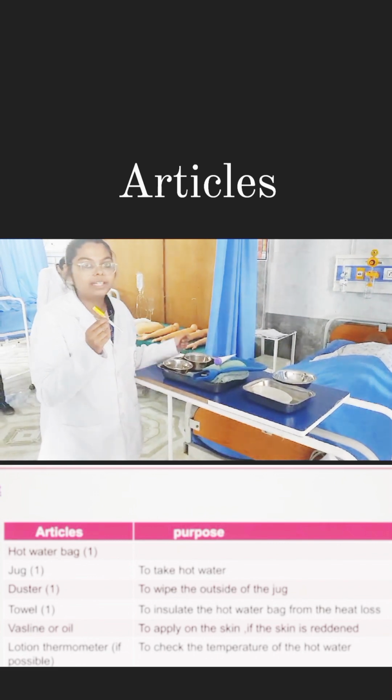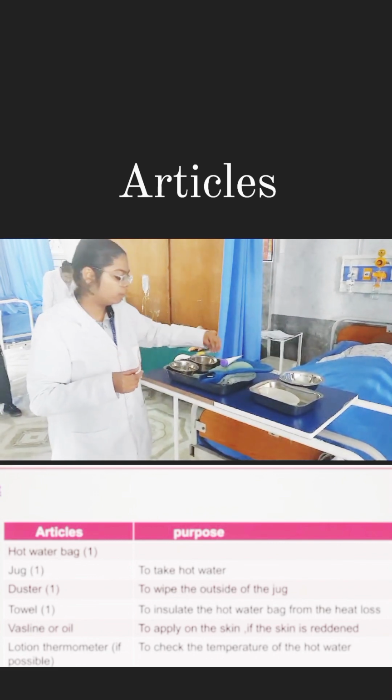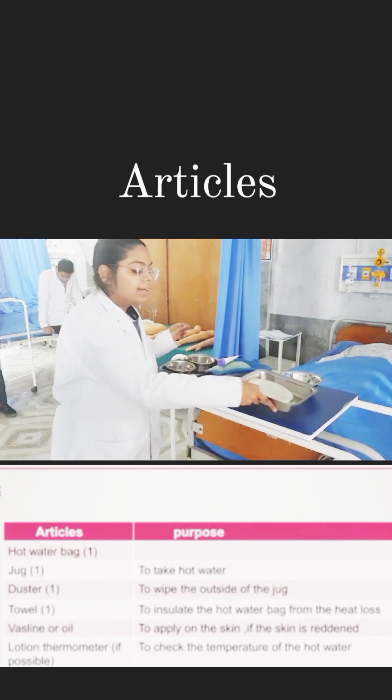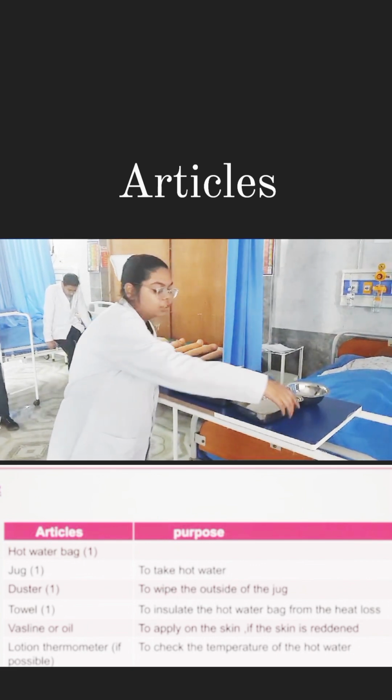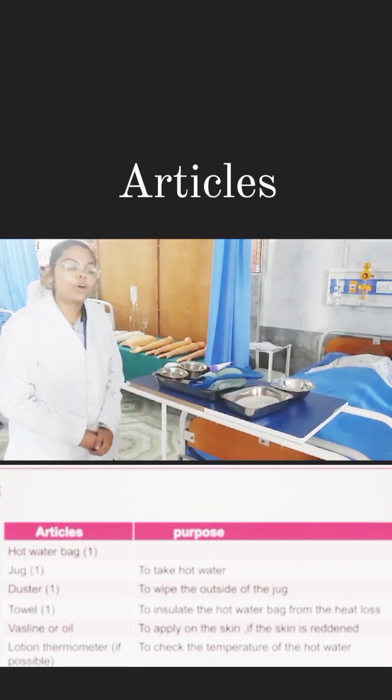A lotion thermometer is used to check the temperature of the water, and a kidney tray to discard the waste. So these are the articles required for hot water application.